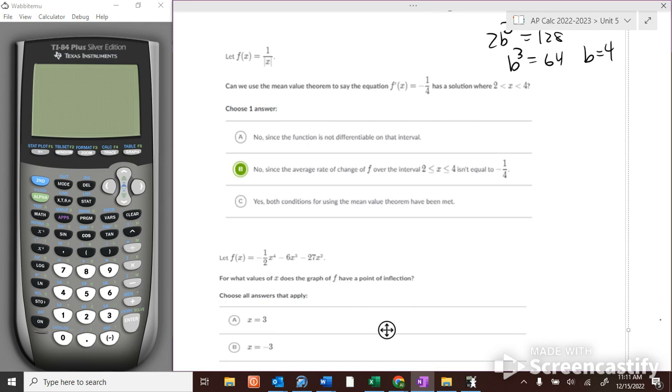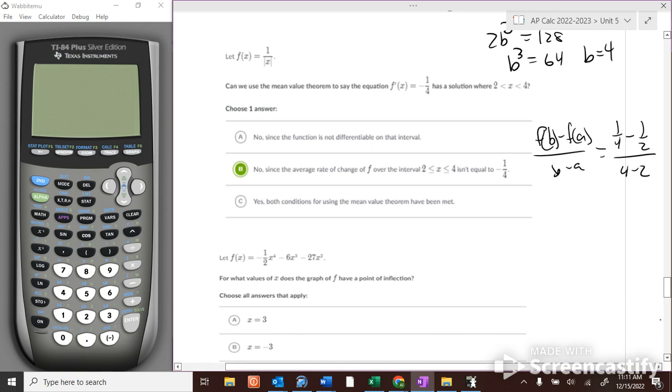So we find the average value, which is f of b minus f of a all over b minus a. F of b would be 1/4. F of a would be 1/2, over 4 minus 2. So the numerator is negative 1/4. The denominator is 2. So that's negative 1/8.